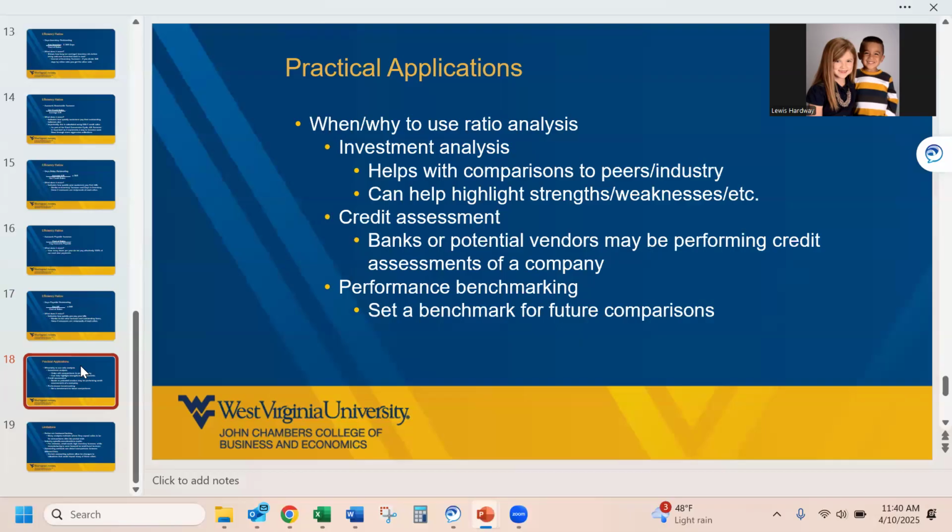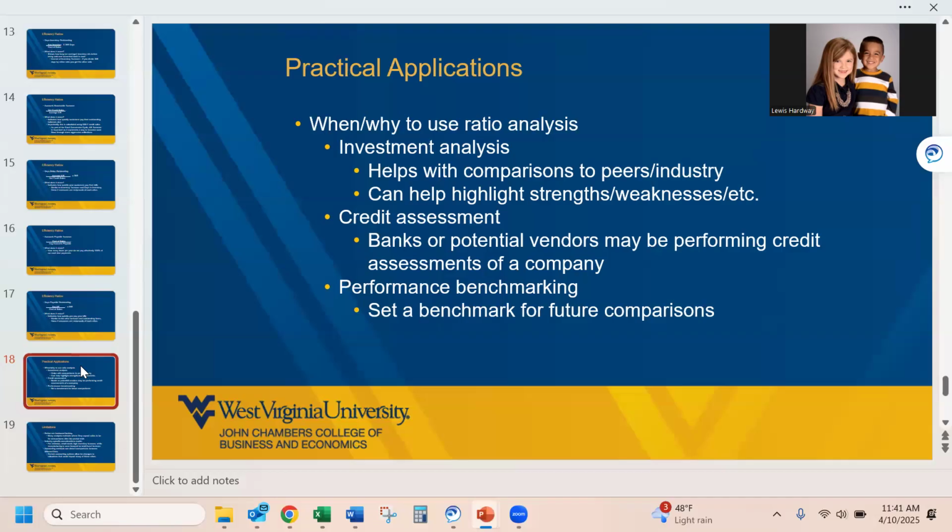Doing this kind of analysis allows you, if you have X dollars that you want to invest, to use these ratios when comparing different companies, going back to that strengths, weaknesses, opportunities type stuff, figuring out which companies are in the best position to invest in.